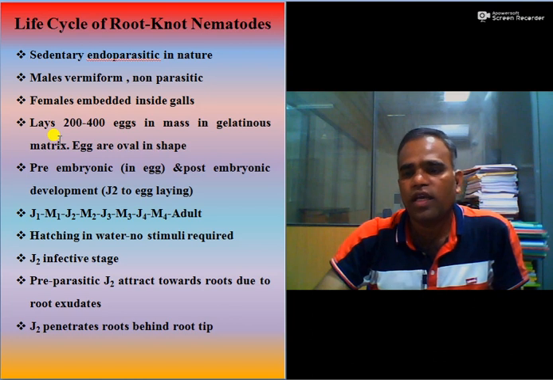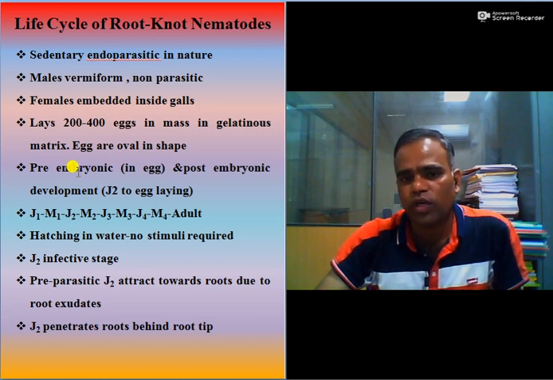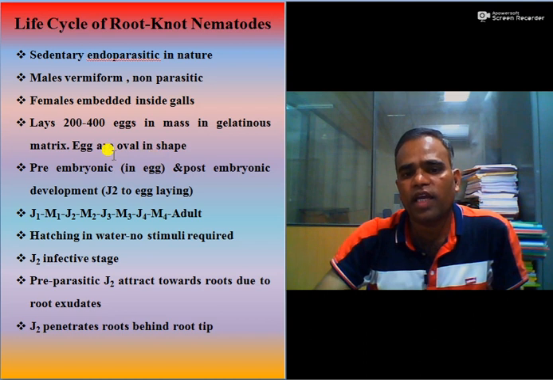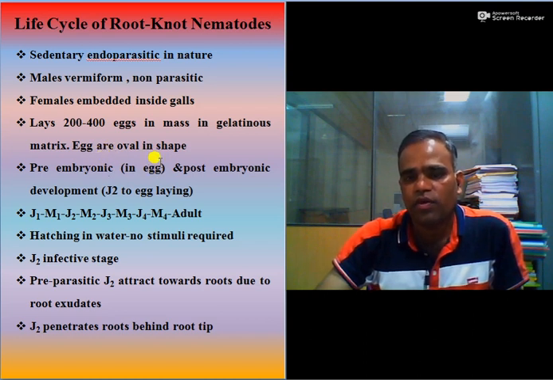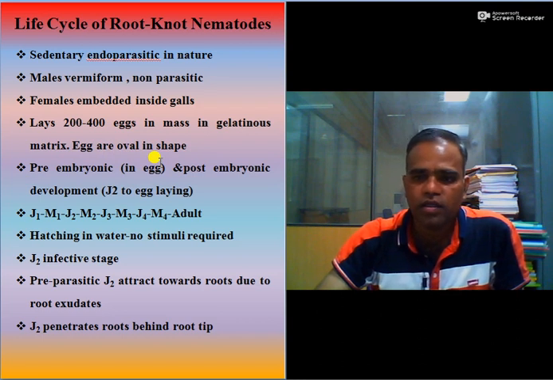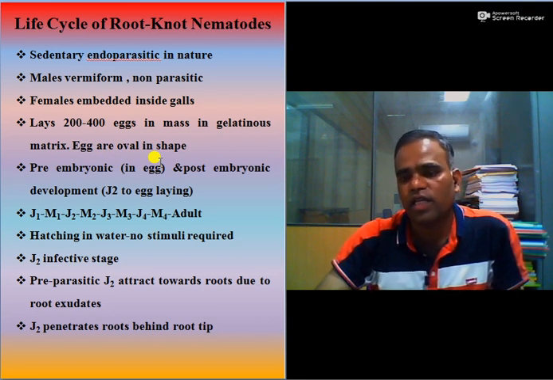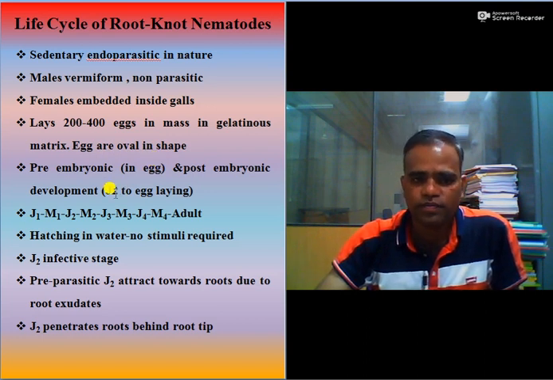The eggs are oval in shape. The pre-embryonic stage, that is juvenile stage 1, develops in the egg itself, while post-embryonic development, that is from juvenile 2 to egg laying, occurs outside the egg.